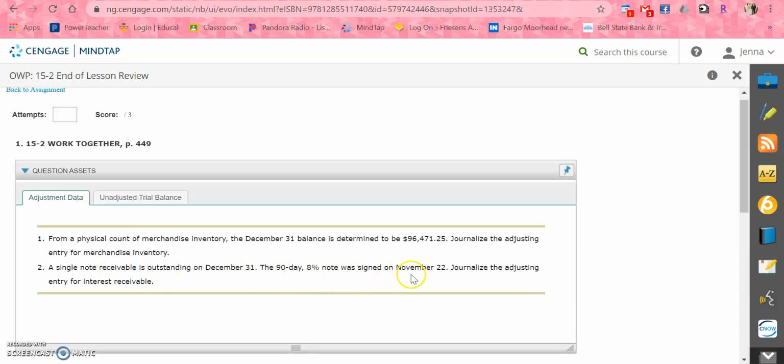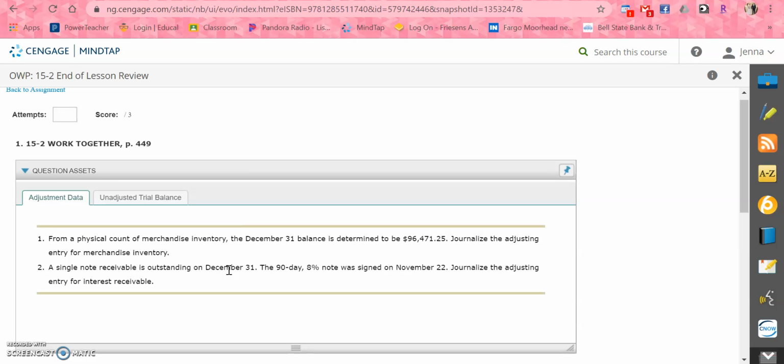Now, the rest I'm going to look at here. That note was signed on November 22nd. So here's where I need to figure out how many days of interest did I earn. I need to look at November 22nd through December 31st. That interest was earned during that fiscal period.